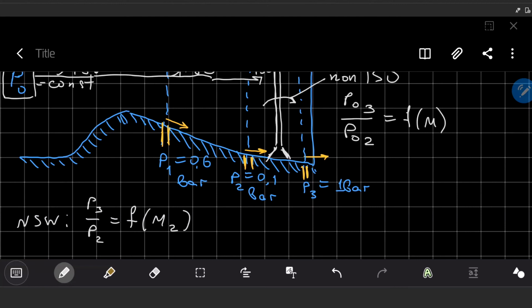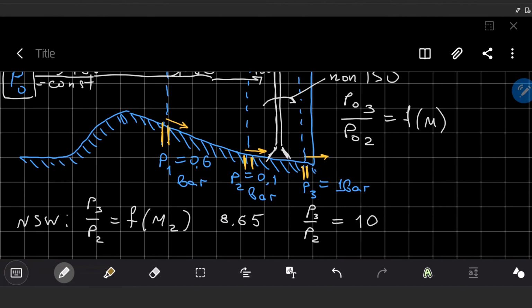This formula has a number in the book, 8.65. So I will not use formula 8.65 directly. Instead of it, I will just use the table inside Appendix B. So I will calculate my ratio of pressures. This pressure 3 divided by pressure 2, since I know the values, is 1 divided by 0.1, equal to 10.